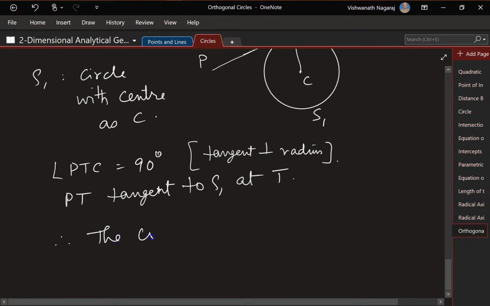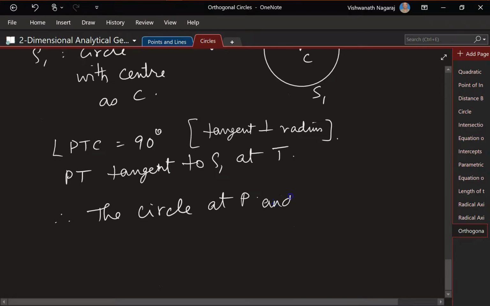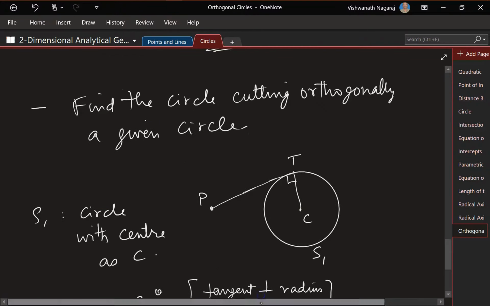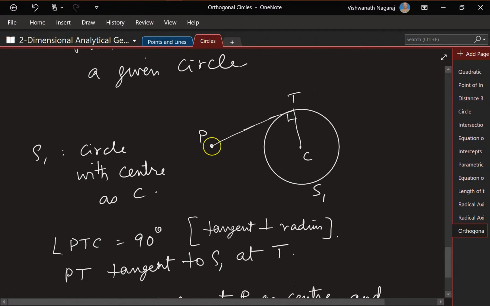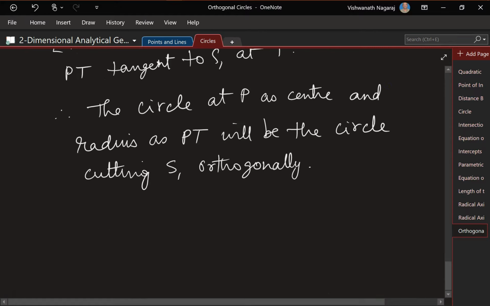Treat P as the center, and the circle with P as center and radius PT will be the circle cutting S1 orthogonally. So you treat this as the center and the length of this tangent as the radius and draw the circle. You will get the circle which cuts this circle orthogonally.